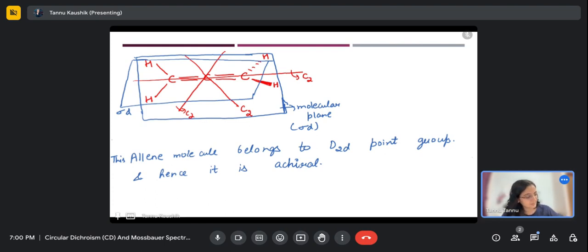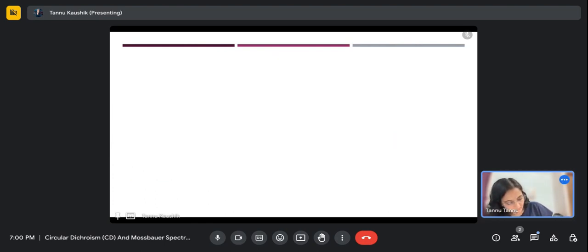So let us see. I am substituting one of the hydrogen atoms, which is in the plane, with a methyl group. This is the molecule we will get.